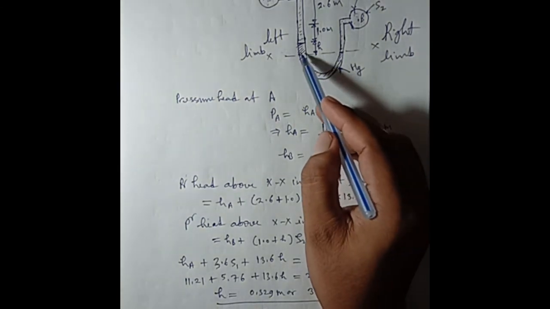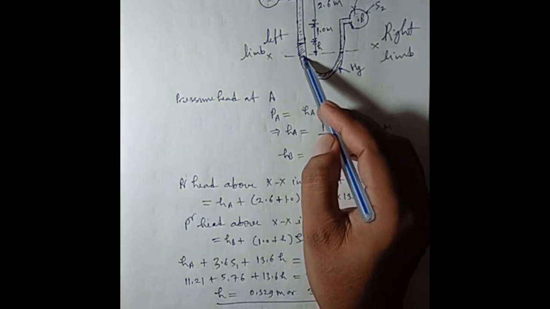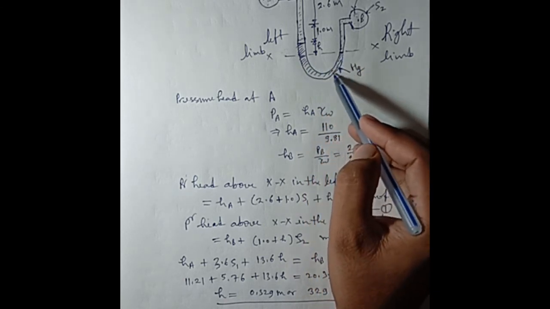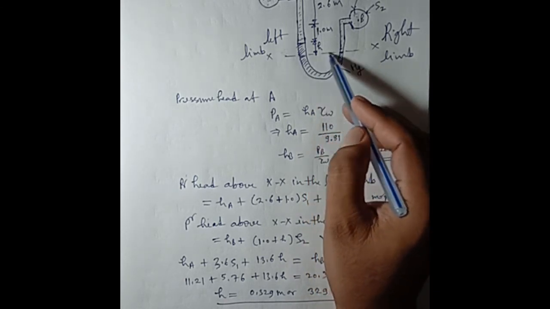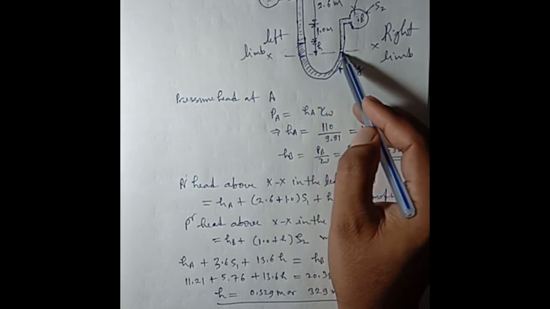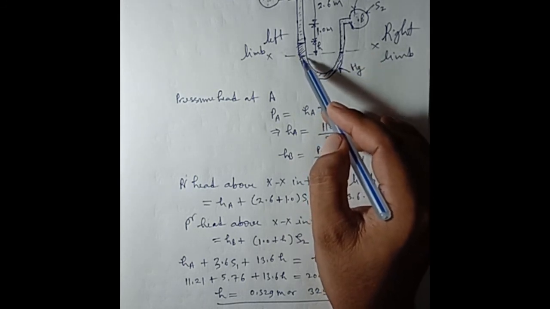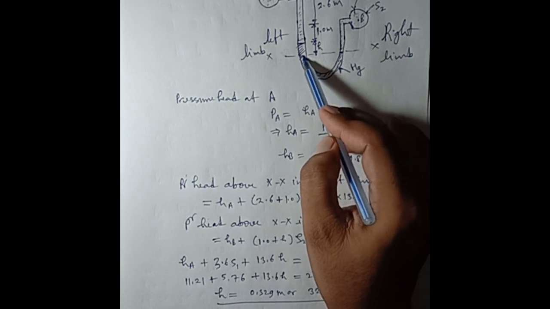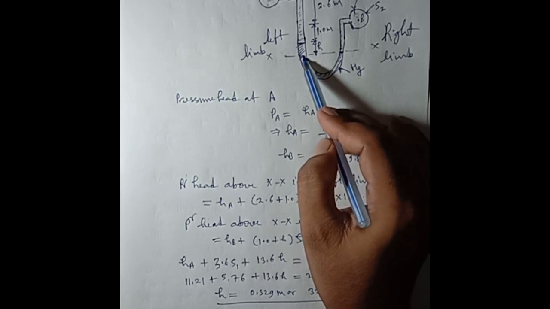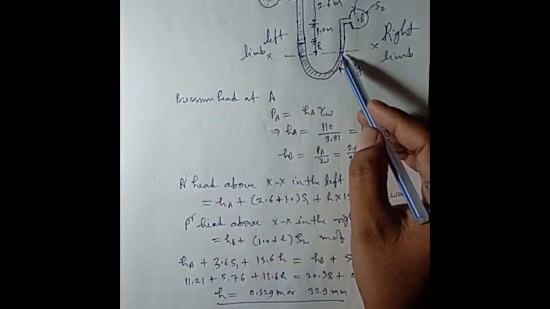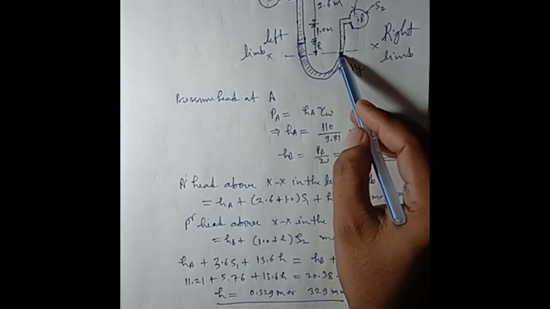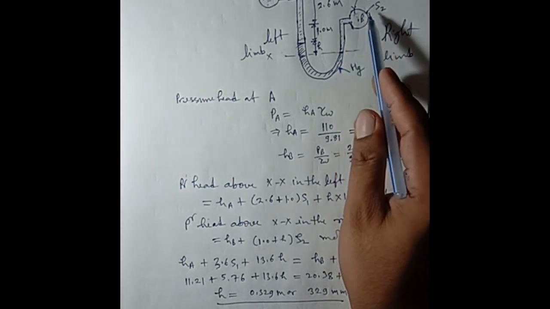Because this is a U-tube manometer, the mercury is filled to that level, both are equal. Therefore at equilibrium condition, the pressure above the XX section of the left limb is equal to the pressure above the XX section of the right limb.